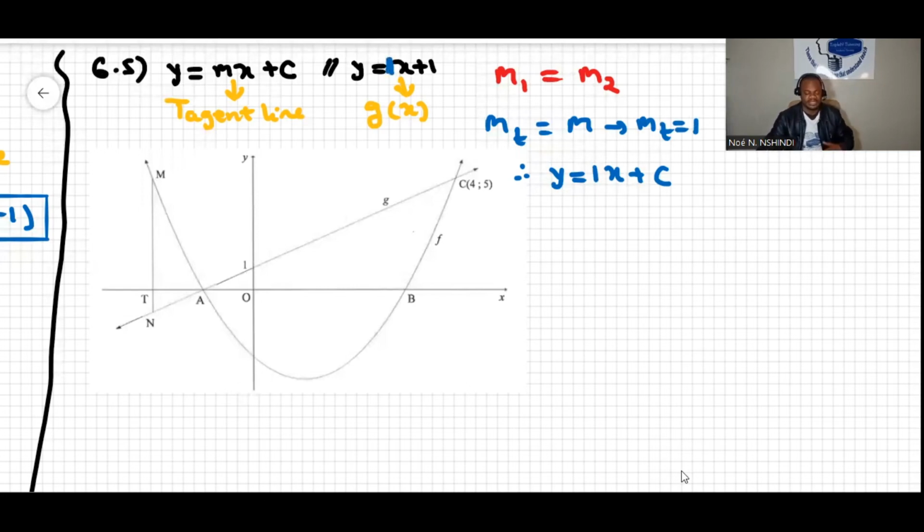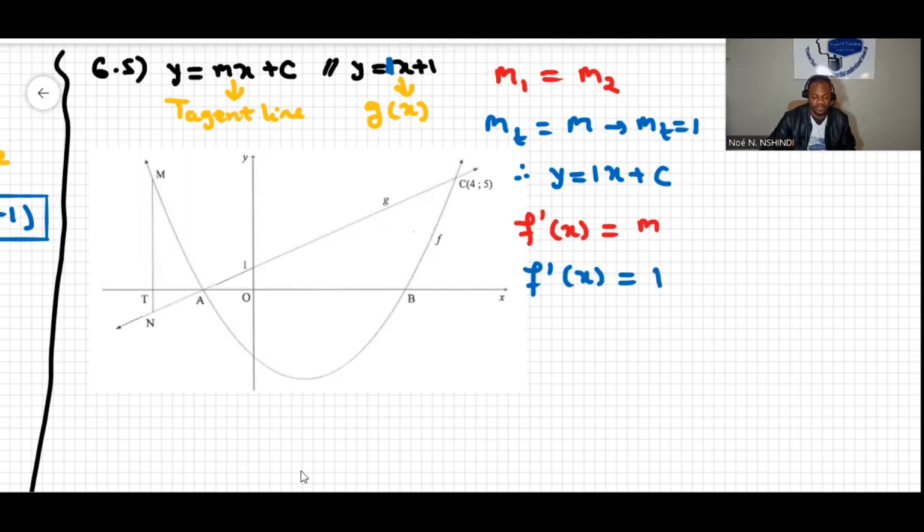Remember that the tangent line is the line that touches the graph at exactly 1 point. So we need to find that point. How can you do that? Another property of the tangent line is that the derivative of the function is equal to the gradient. So in this case, the derivative of f must be equal to the gradient of the line. So this must be equal to 1.